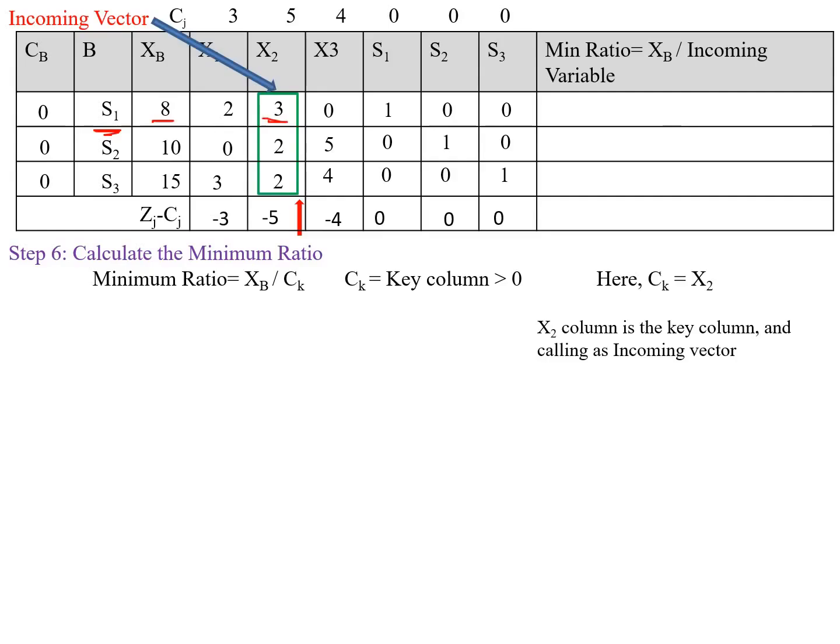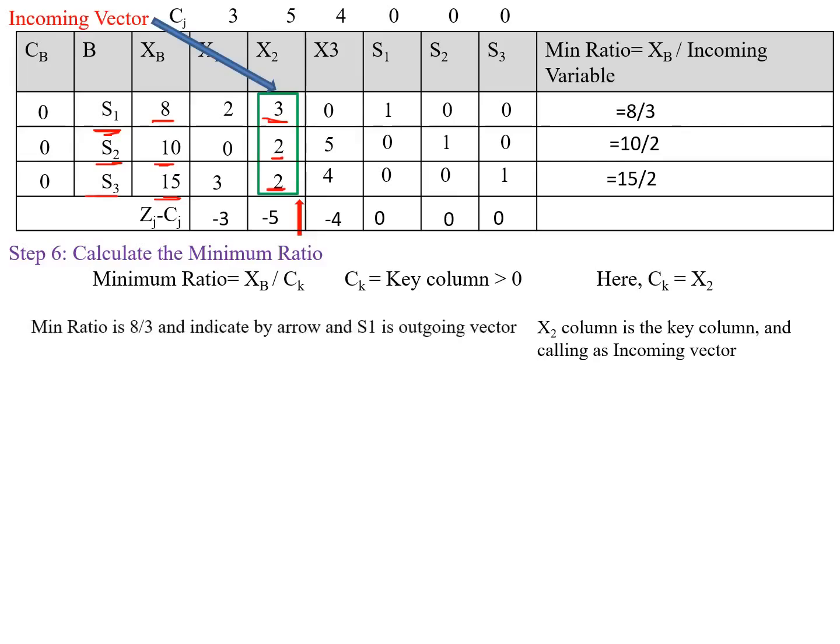So here the ratio will become 8 by 3. Similarly for S2, xb is 10, key column variable is 2. So that is 10 by 2. Similarly for S3, xb is 15, key column variable is 2. So it is 15 by 2.